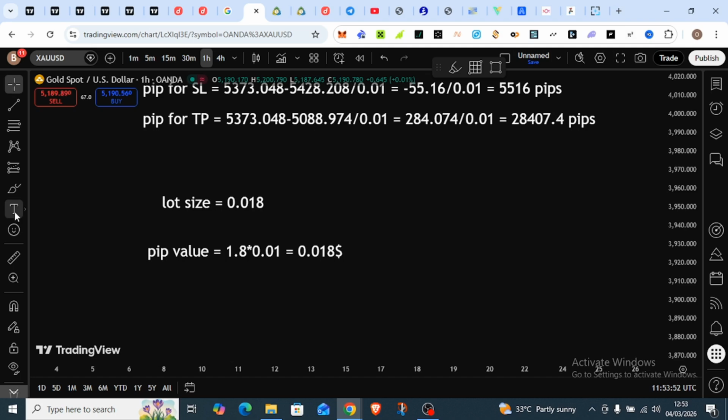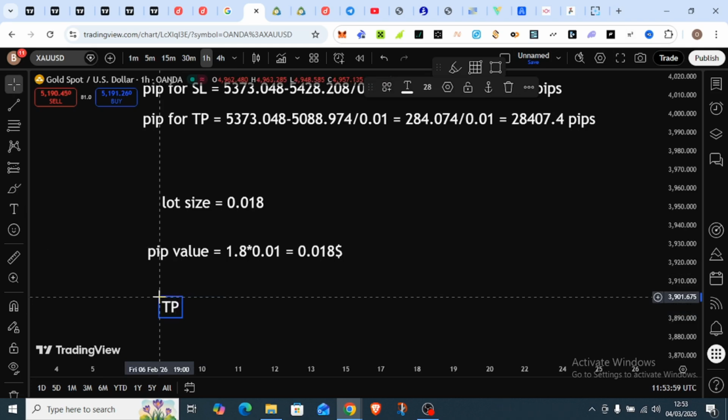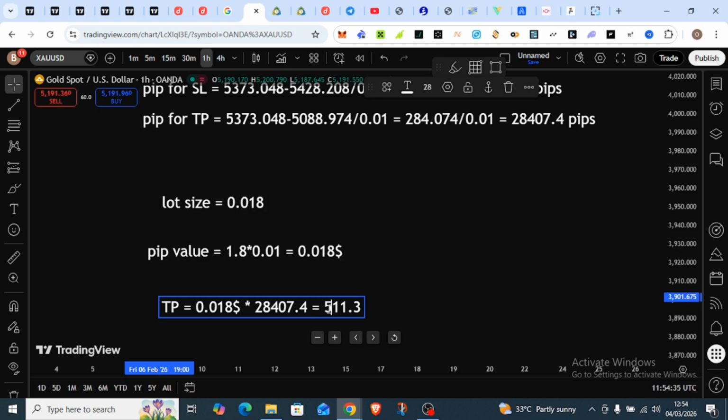So if we do that for the TP, a take profit if the trade goes our way in that setup, we have $0.018 multiplied by 28,407.4. This is going to give us $511.3.